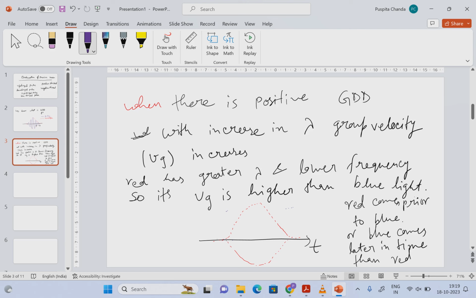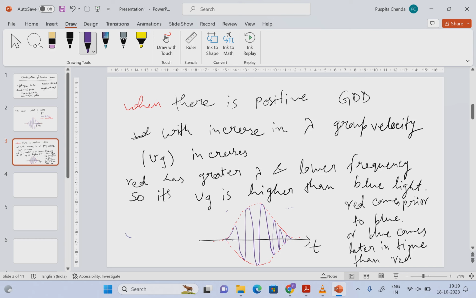So red has greater wavelength here, and blue came later, which has a smaller wavelength. So this happened. Here the wavelength decreases, so blue comes later. In greater time, the blue has been drawn.